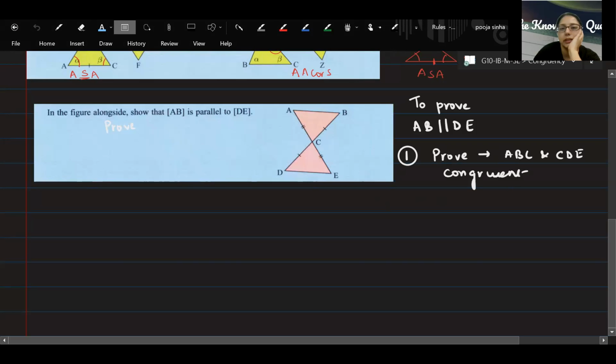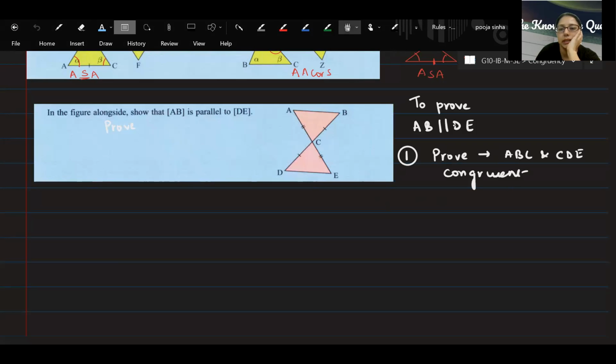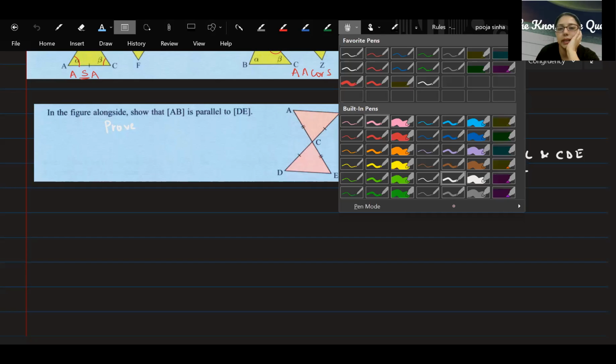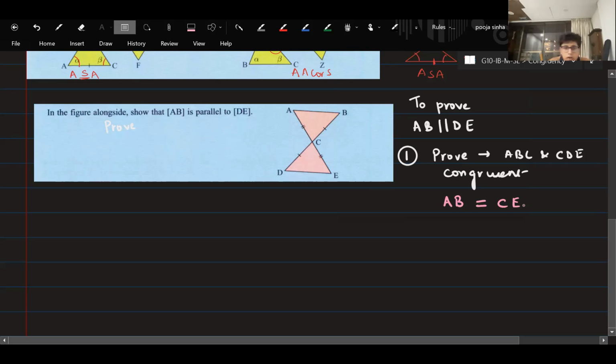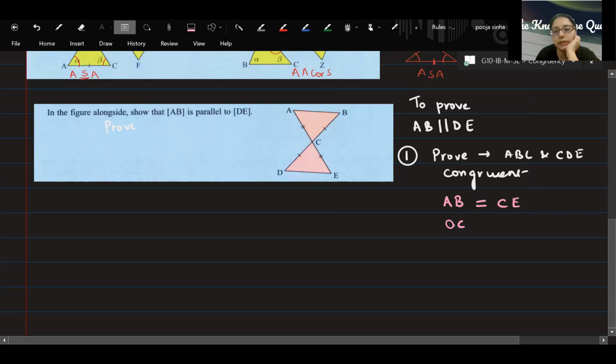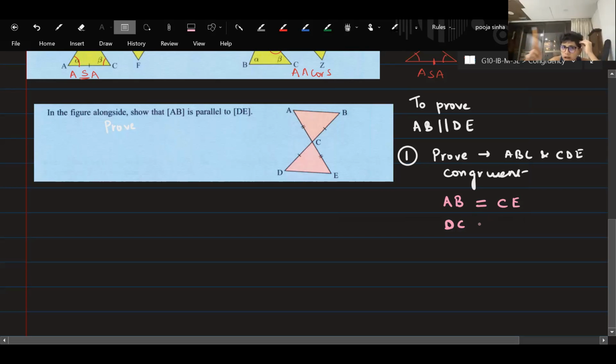So in this figure, can you see that the side AC is equal to CE? Here you'll have the AC and DC as sides, and then you have the vertically opposite angle, which is C for both of them.